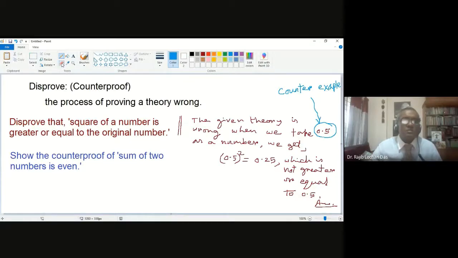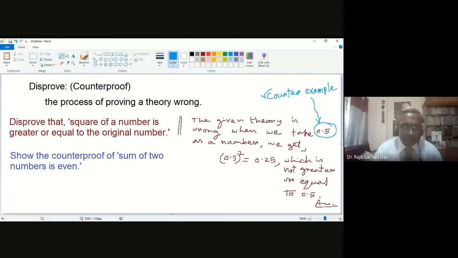If you want to say one theory is correct, then you have to show that for every situation it is correct. So this is another important concept. Proving a theory is correct requires showing it is correct for every situation. And proving a theory is wrong, it is enough if you can show one counter example for which the theory is wrong.